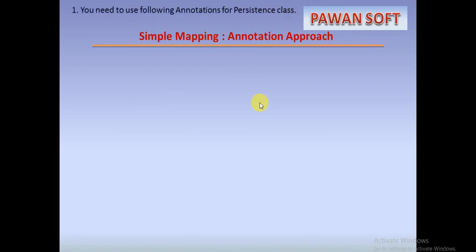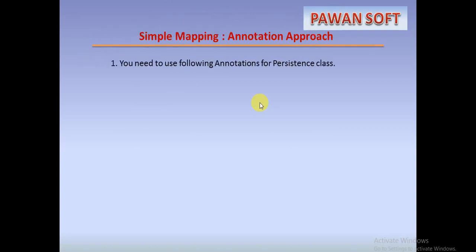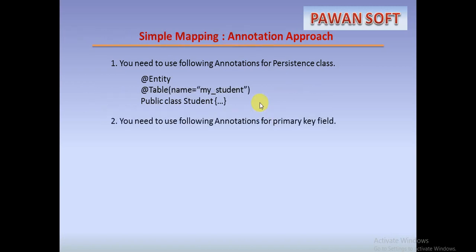So let's see how to map your Hibernate persistent class using the annotation approach. You need to use the following annotations for a persistent class. For the persistent class, you have to use @Entity, and to specify the table, you have to use the @Table annotation, name is equal to table name, right? And when you have a primary key field, for that you have to use the annotation @Id, and @Column is optional.